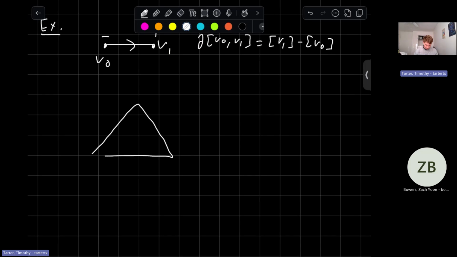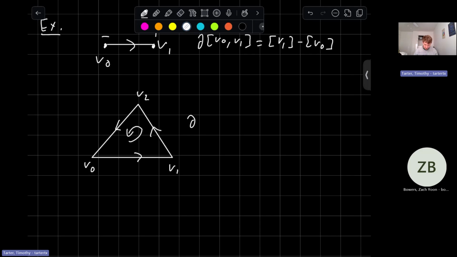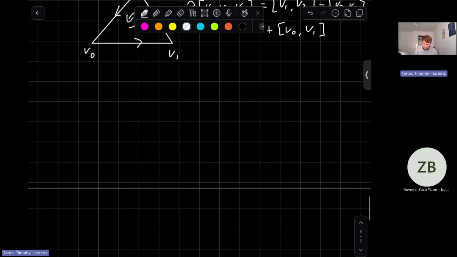Similarly, if we have a triangle where we have v0, v1, v2, we go like this, then the boundary of v0, v1, v2 ends up being v1, v2 minus v0, v2 plus v0, v1.